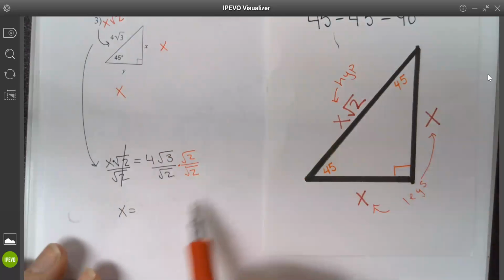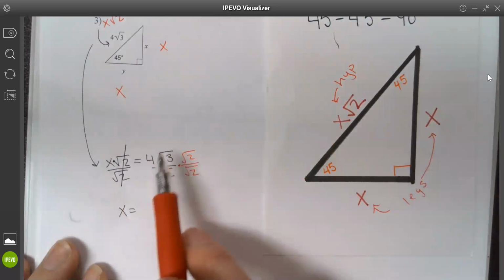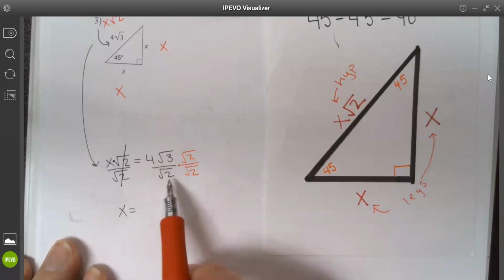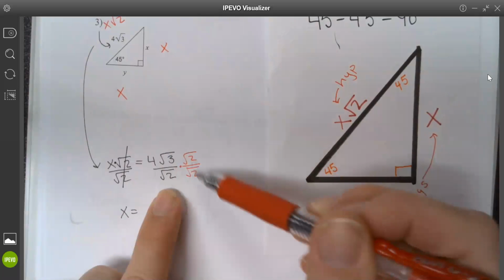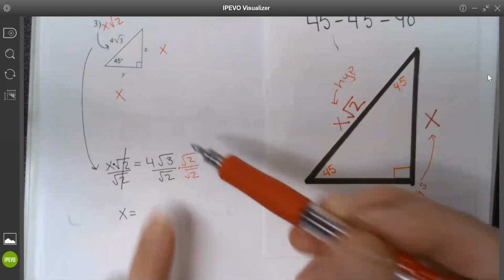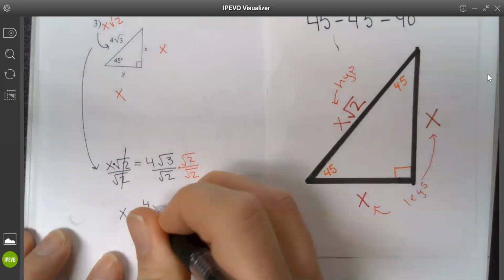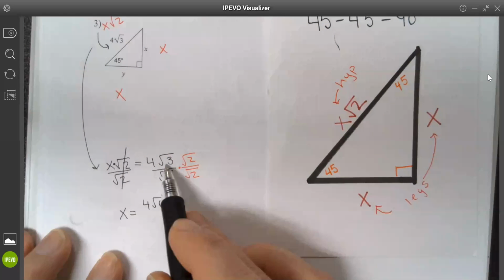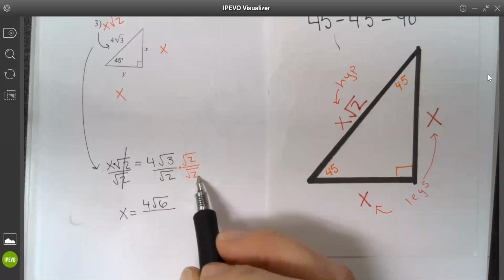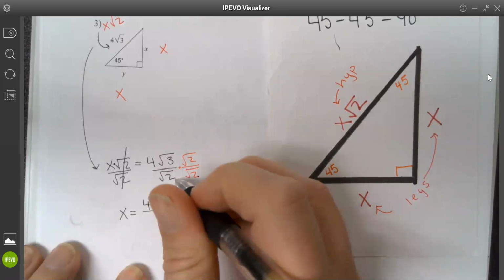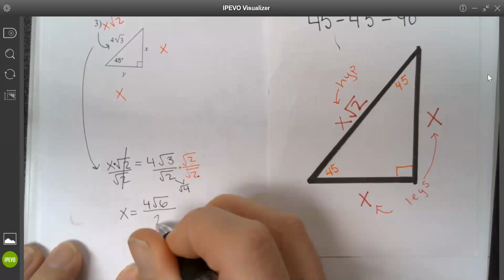So math-wise, this isn't a legal answer. 4 rad 3 over rad 2, we can't leave. So to get rid of this rad, we multiply top and bottom by it, which would give me 4 rad 6, 3 times 2, over rad 2 times rad 2 would give me rad 4, which the square root of 4 is just 2.